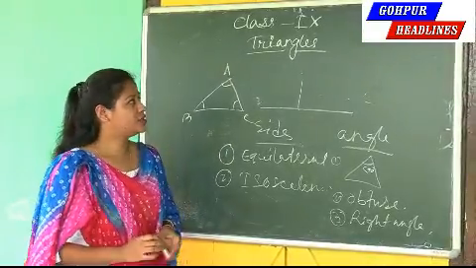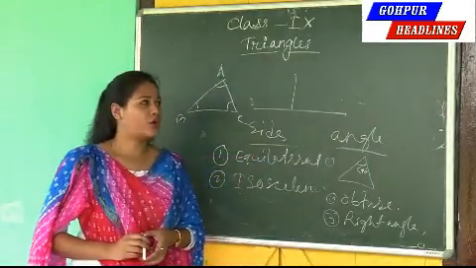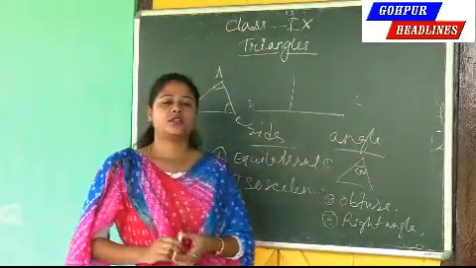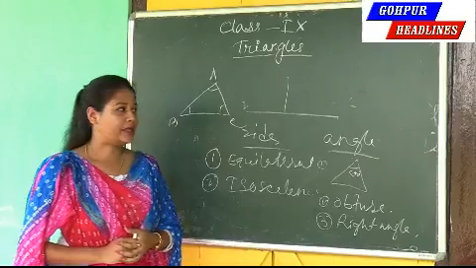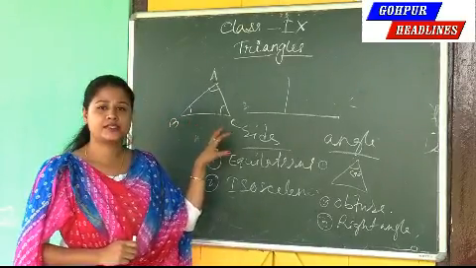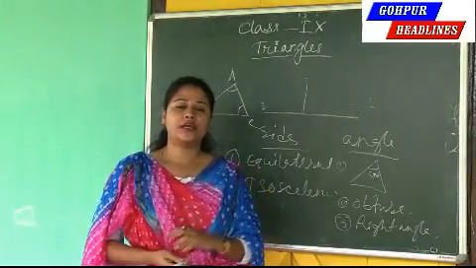Next, a very important topic of this chapter is the congruence of triangles. Now the question is, what is congruence? Congruence is where the figures are not only the same but also overlap each other.